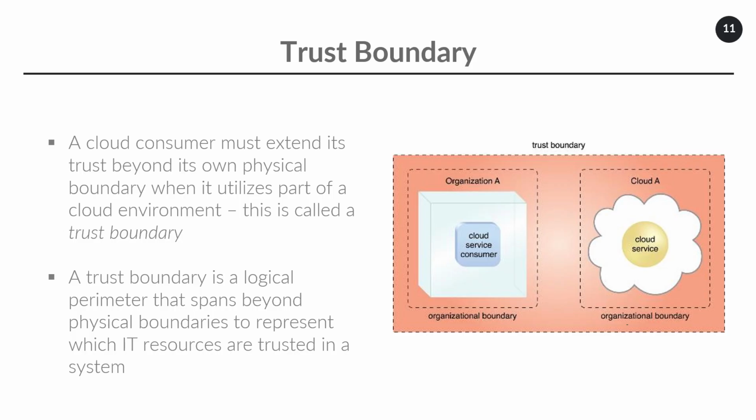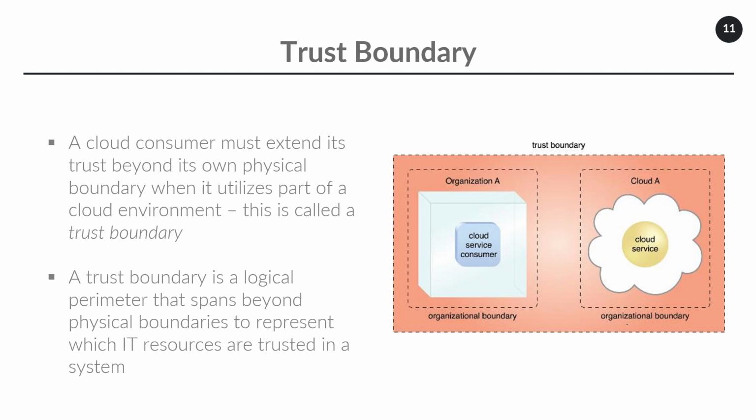And this is very important for clouds. You'll see why in a moment. So a trust boundary is a logical perimeter that typically spans beyond physical boundaries to represent the extent to which IT resources are trusted.